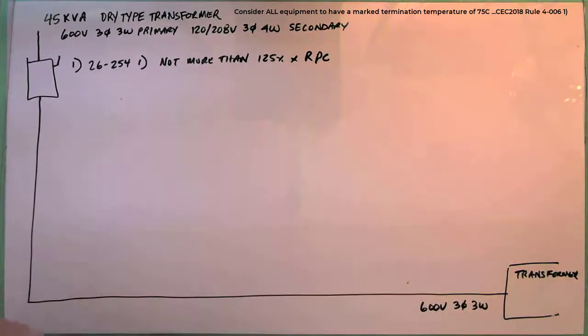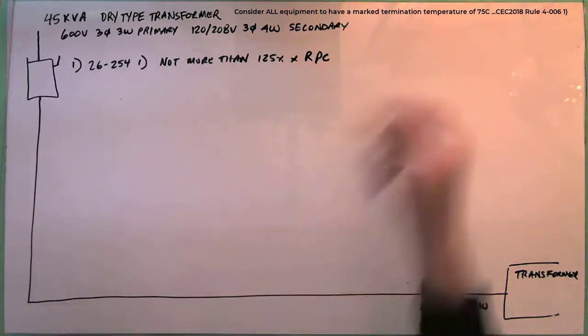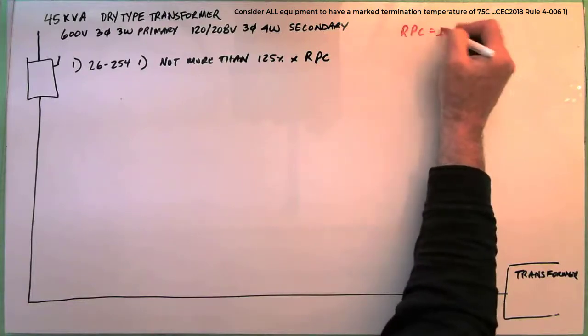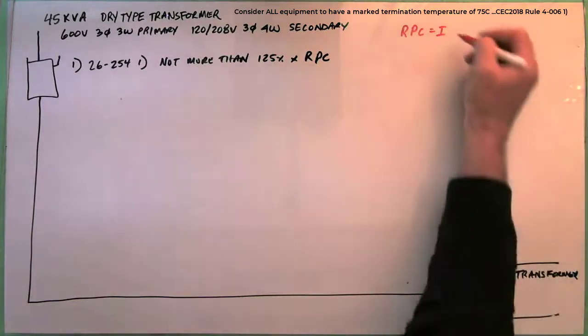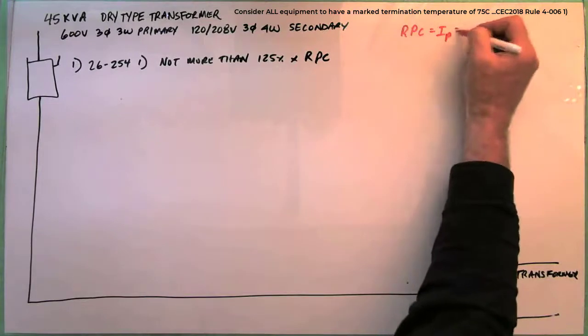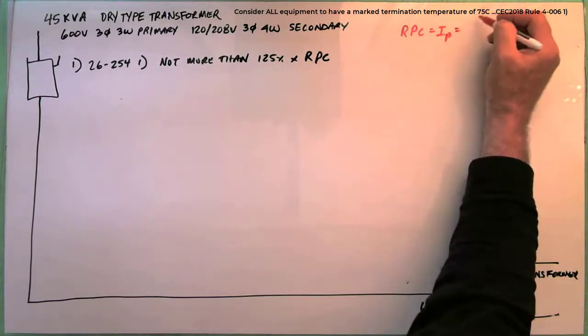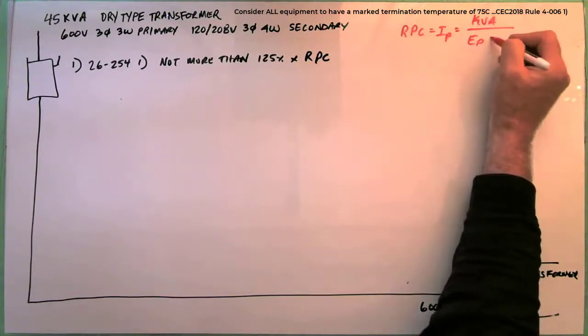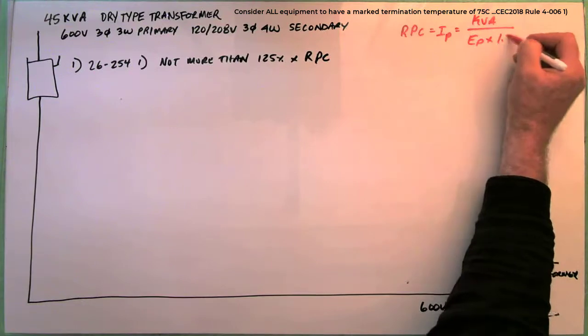Well, let me do that in red. The rated primary current is equal to I primary, which is equal to the power, or the kVA, divided by the primary voltage times 1.732.